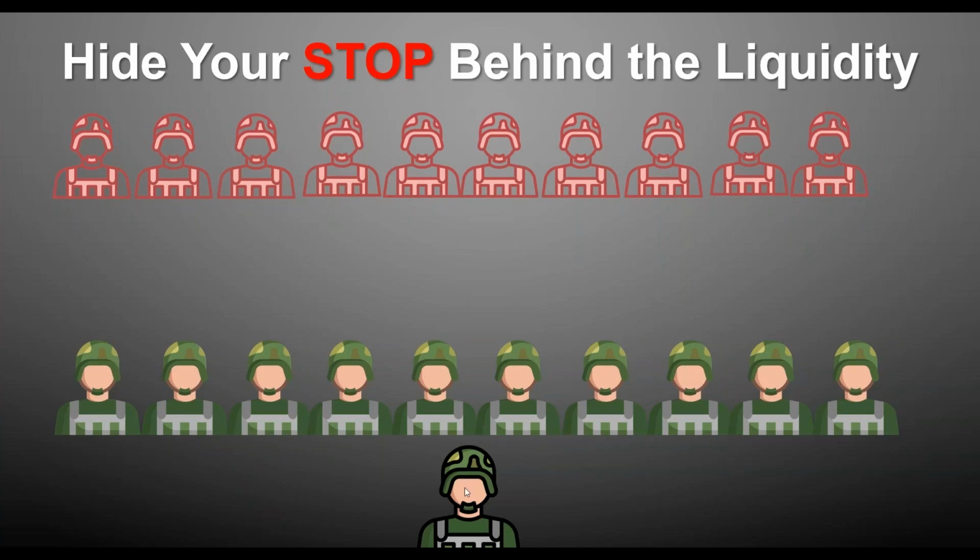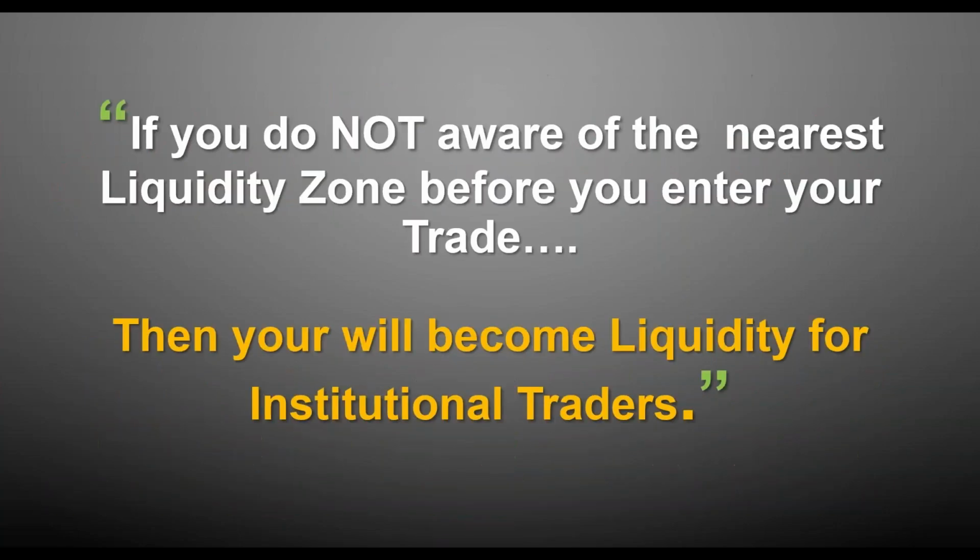There's no guarantee, trading has no guarantee, but there's a better chance these buyers might overcome the sellers and push the market back up. My point is, hide your stop behind the liquidity. And my other point is, if you are not aware of the nearest liquidity zone before you enter the trade, then you will become the liquidity for the institutional traders.